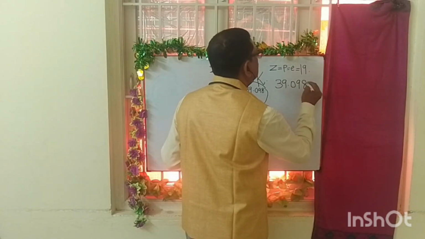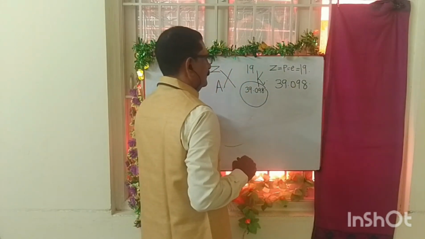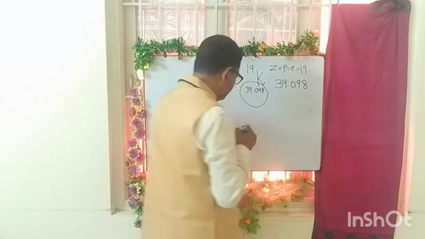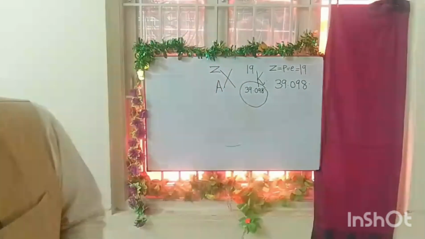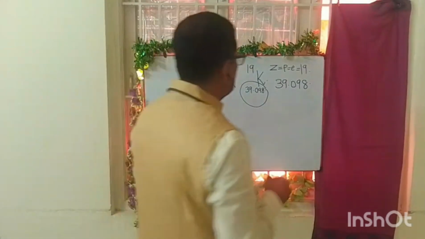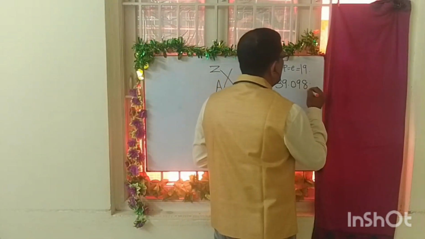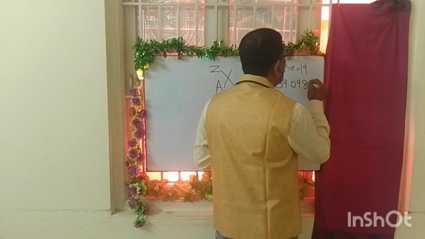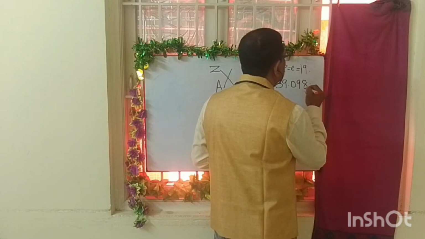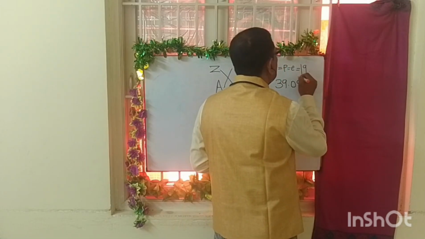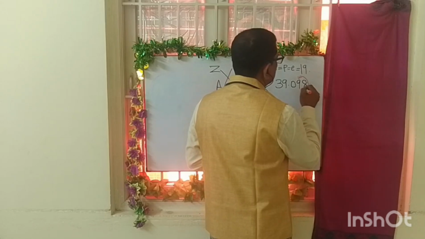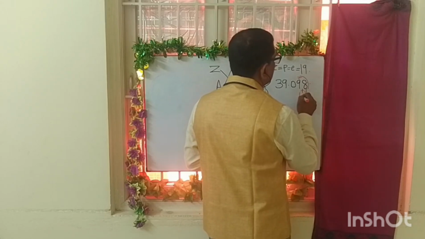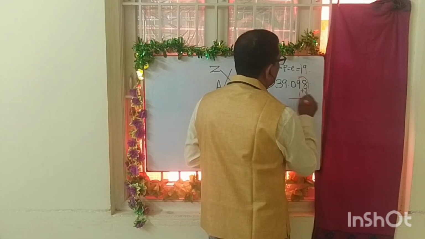39.098. So start from here, from the 8. Since this is more than 5, you have to add 1 to this 9. Let us add 1. 9 plus 1, it is 10.